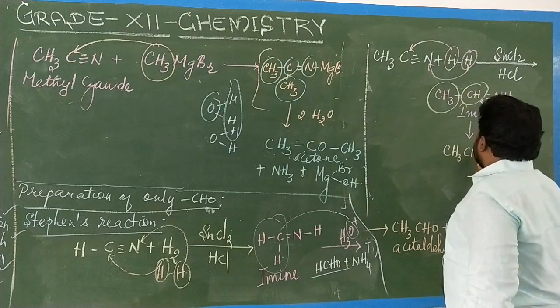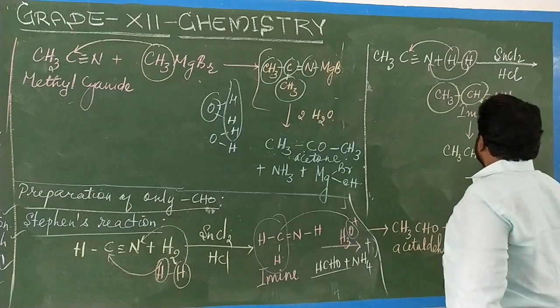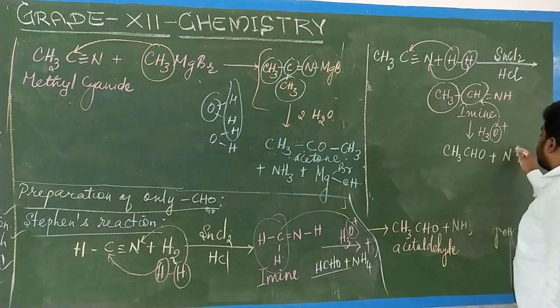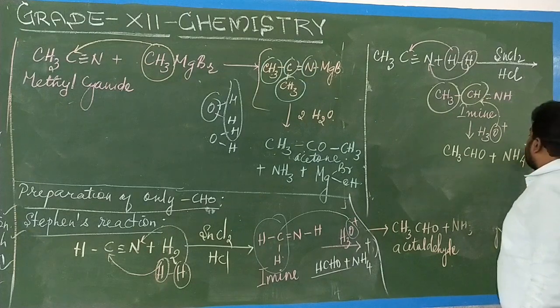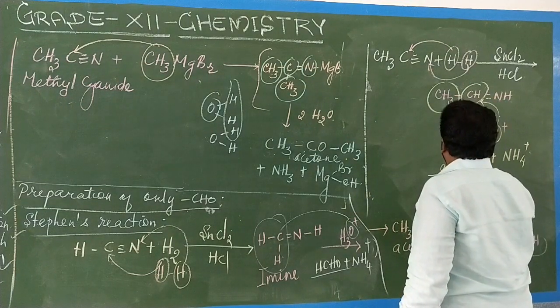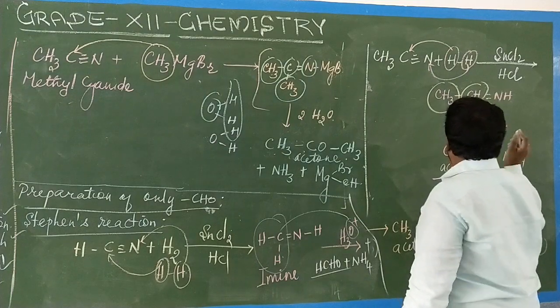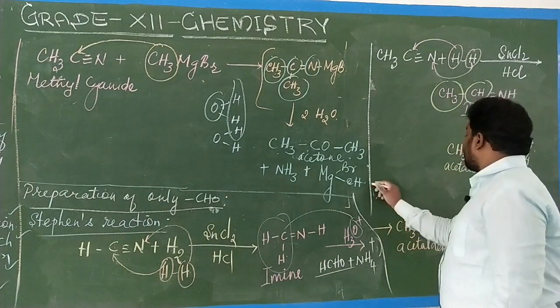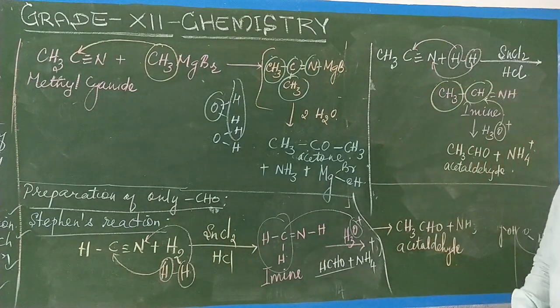CH3 CH then this O plus NH with 3 hydrogen, so therefore it becomes NH4. So this is called as what? Acetaldehyde. This is called as acetaldehyde. So formation of acetaldehyde.